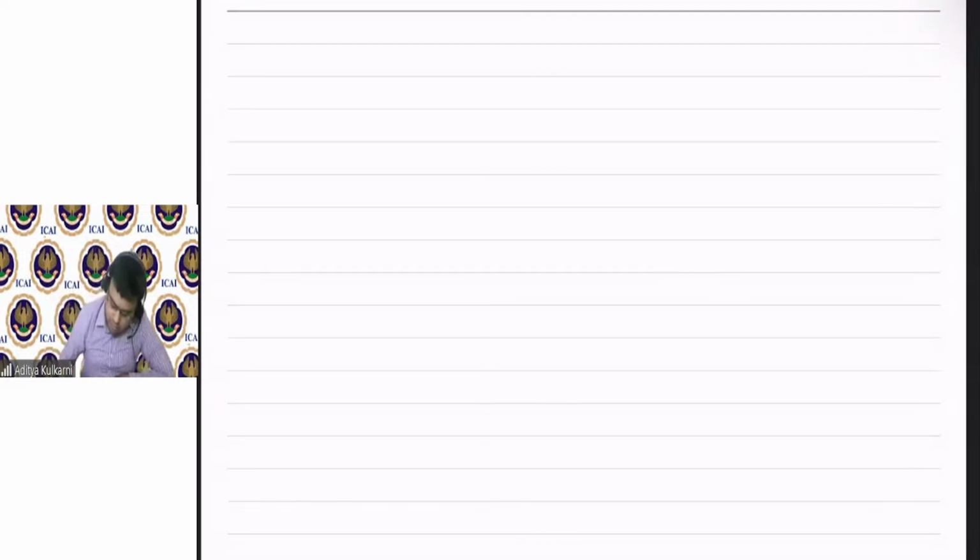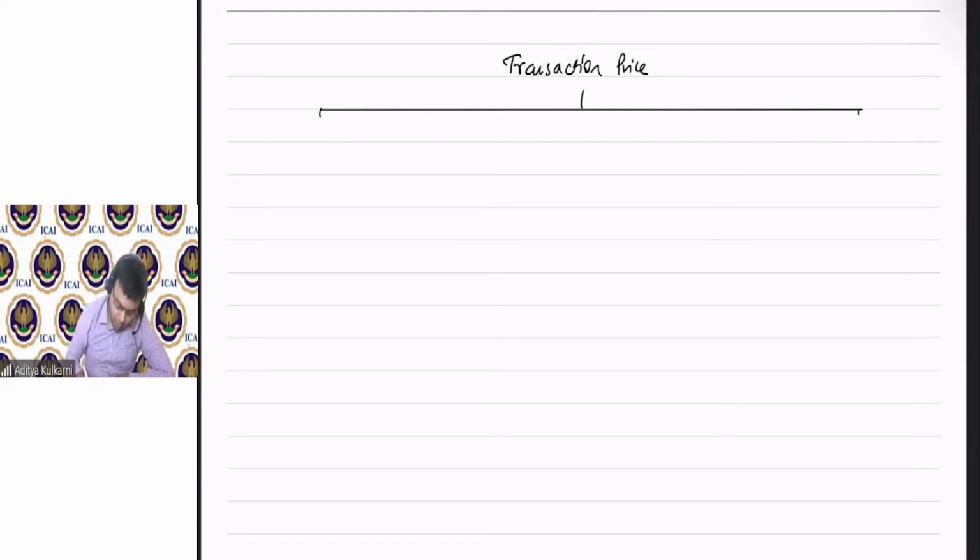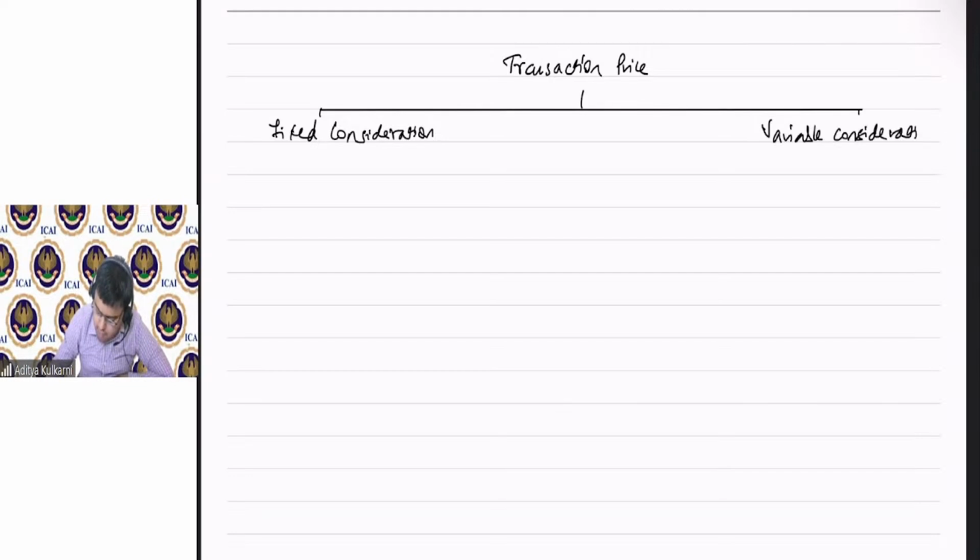So now my transaction price comprises of two things. One is fixed consideration and the other is variable consideration.